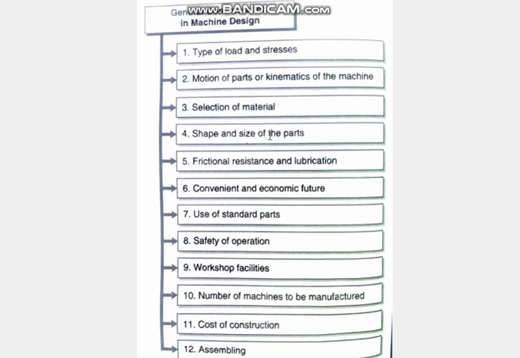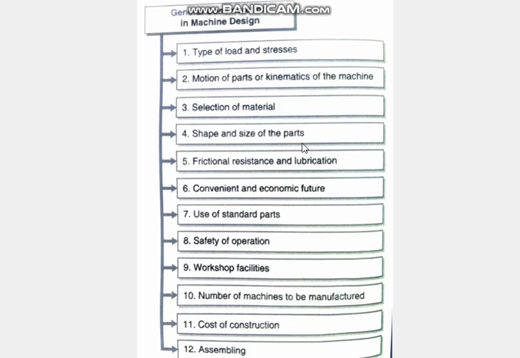And then fourth is shape and size of the parts. The shape and size of the parts will be determined on the basis of the stresses that are coming upon the components. For our mathematical calculations, we use what we have studied in strength of materials, in engineering mechanics, and also in theory of machines.